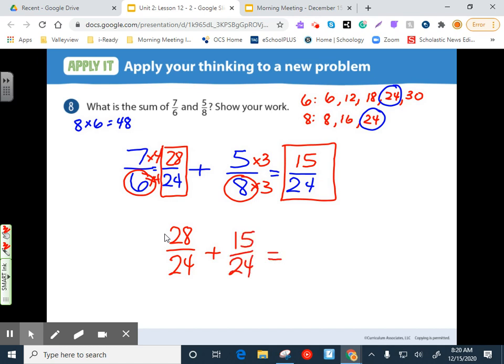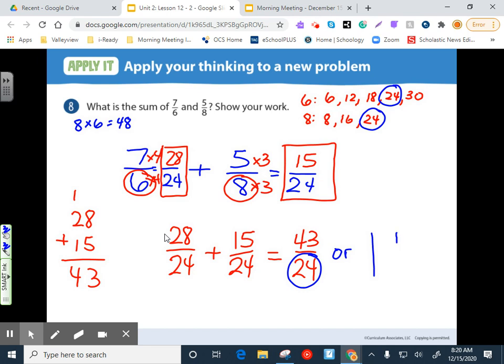I'm not expecting you to know how to do that one in your head. So over here, let's put 28 plus 15, although some of you probably could. That'll give us 43 24ths. Or if we want to change that to a mixed number, how many groups of 24 can I take out of this? I can get one group out, and then I'll have 19 24ths left for that one.